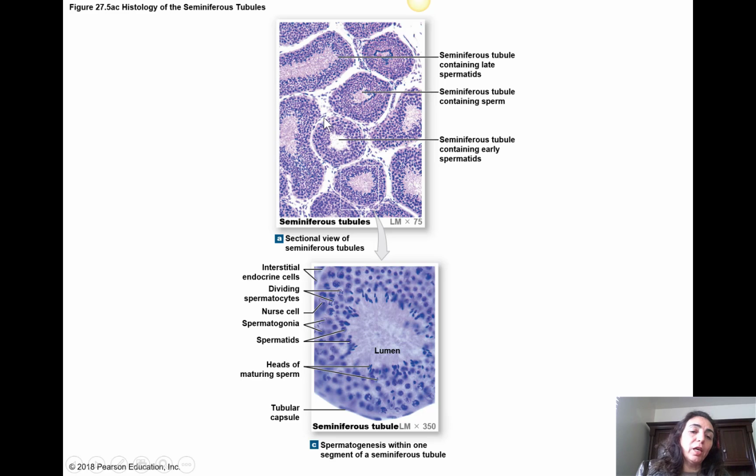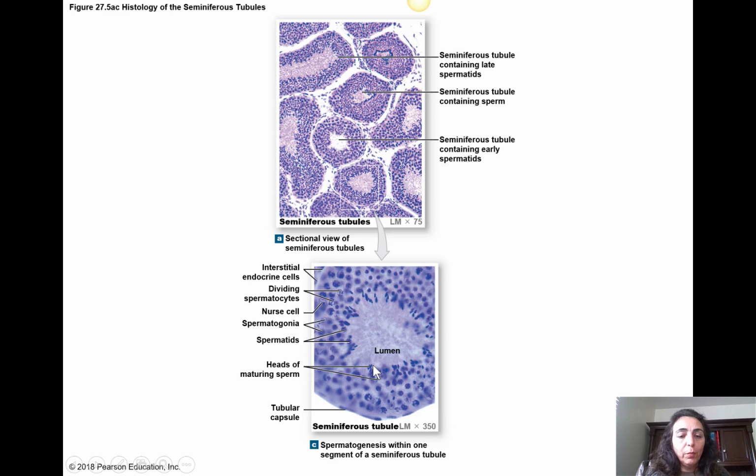Now, if we look at one single tubule, at a bigger scale, you see that you have a lumen inside and you have the surrounding part outside. Each tubule has a connective tissue around it that we call the tubular capsule.